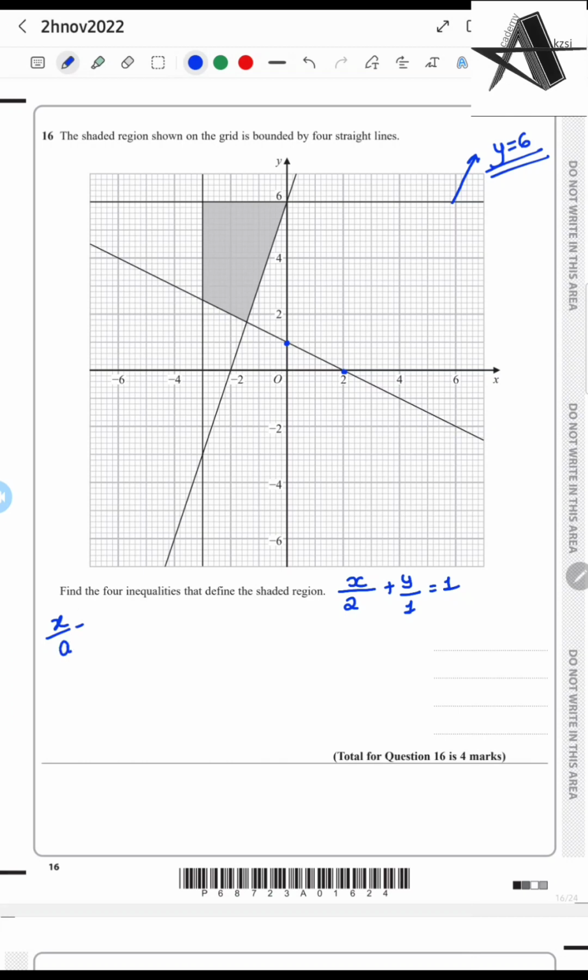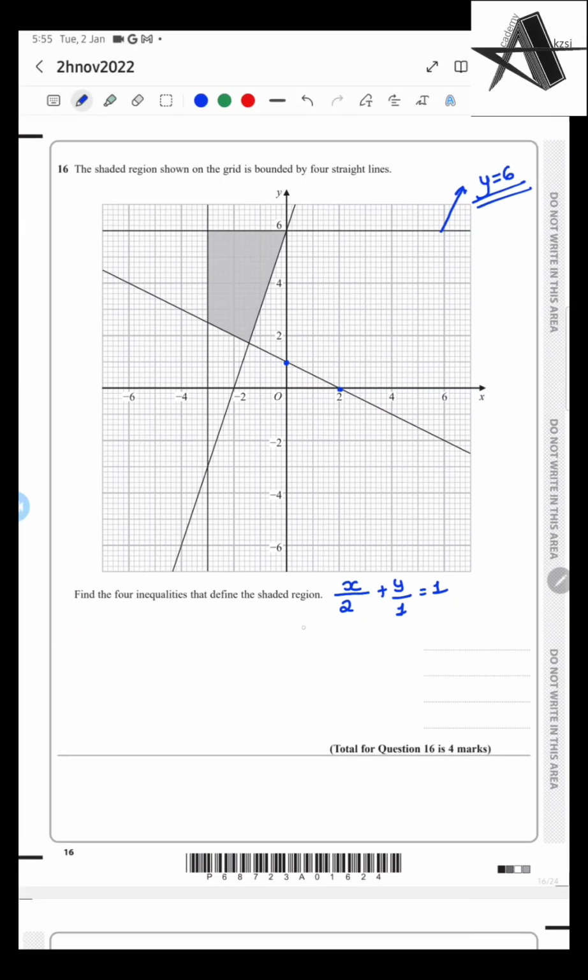So x over a plus y over b equals 1, where a represents the x-intercept and b represents the y-intercept. In this way, you can directly calculate the equation of the line. On solving, I'll get x plus 2y equals 2, or 2y equals 2 minus x.